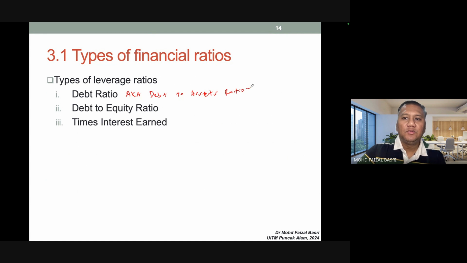So these 2 ratios, debt ratio dengan debt to equity, the lower the ratio, the better. Kalau yang ni times interest earned, the higher the ratio, the better. Tapi kalau yang 2 ni, lagi rendah, lagi bagus.